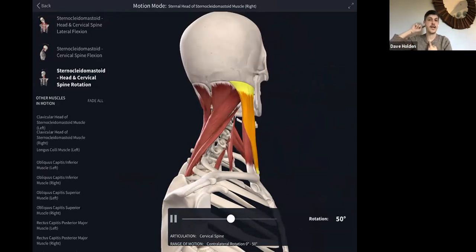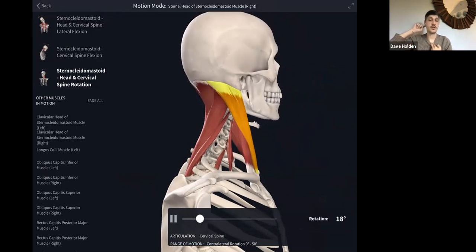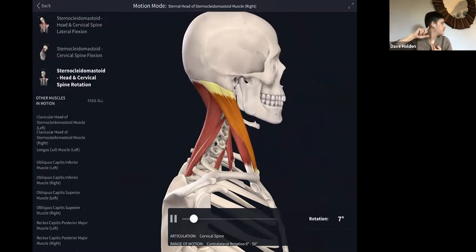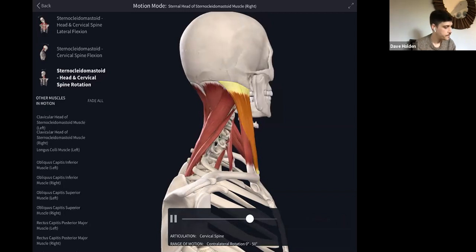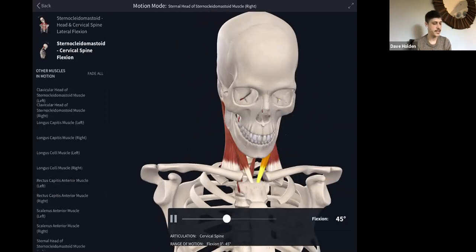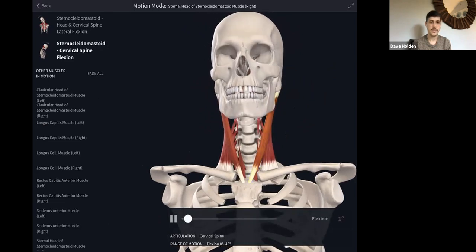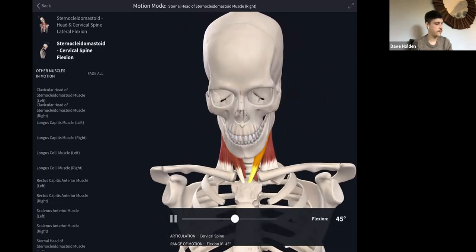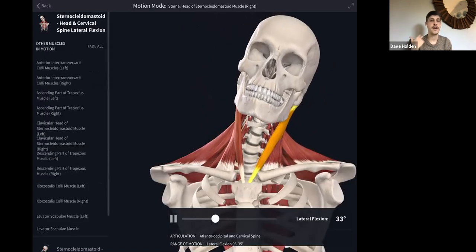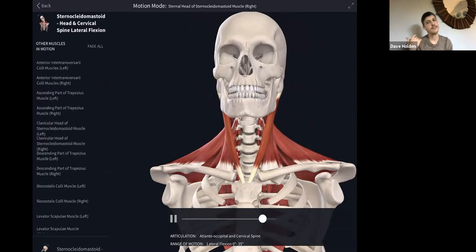So pulling the mastoid towards the sternum can look like flexion, but it can also look like rotation. Bilaterally, we get flexion when they both pull down. And on one side, particularly the clavicular fibers, we get lateral flexion.